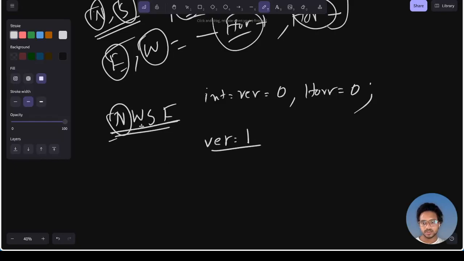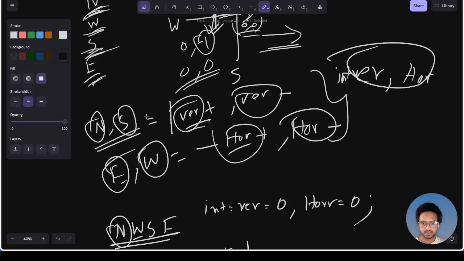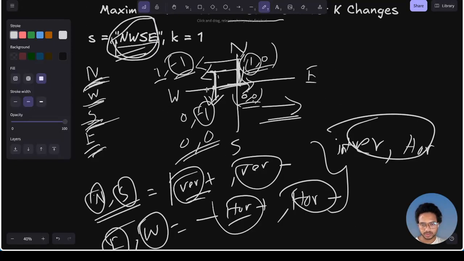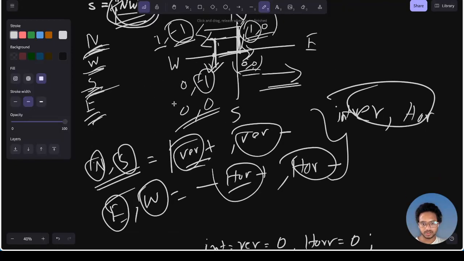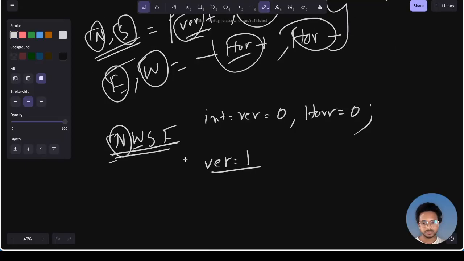For west, we will decrease the value of horizontal, so horizontal will be -1.